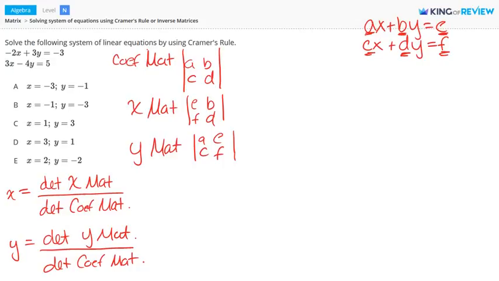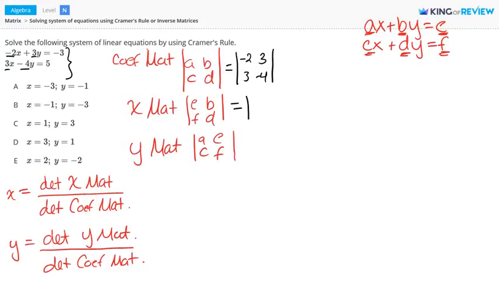So now let's insert our specific values in. For the coefficient matrix, if we look at our system over here, what are the coefficients? We have -2, 3, 3, and -4.